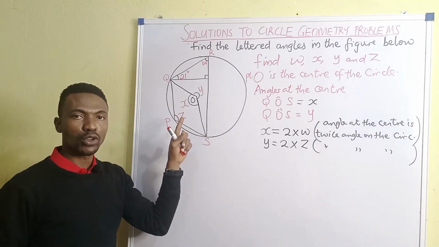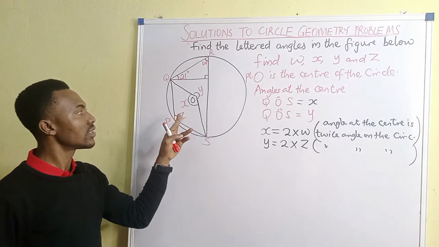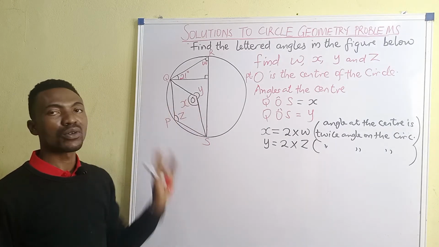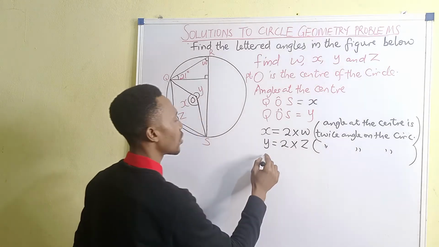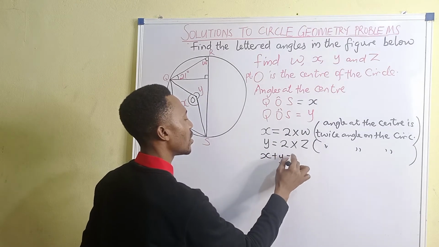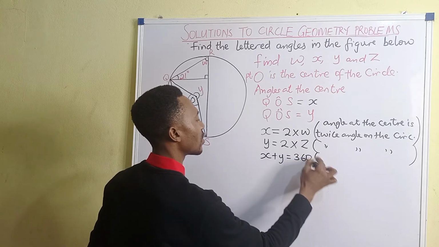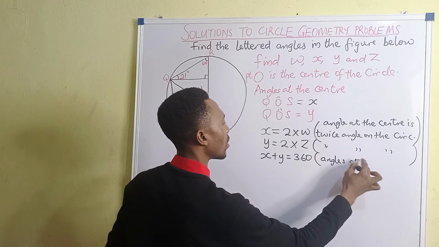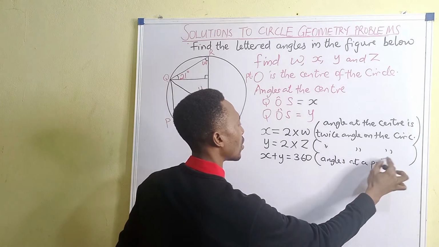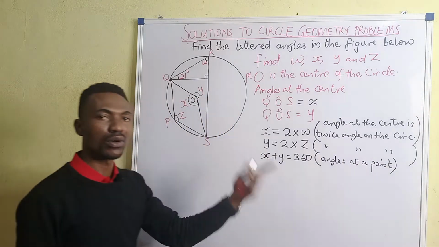But there's another thing we can observe from this shape. If you look at it, angle X and Y are angles at a point. This is the circle center. X plus Y is 360, angles at a point, or sum of angles in a circle.